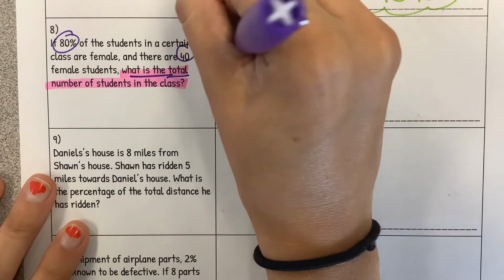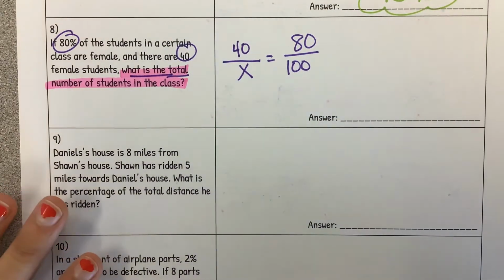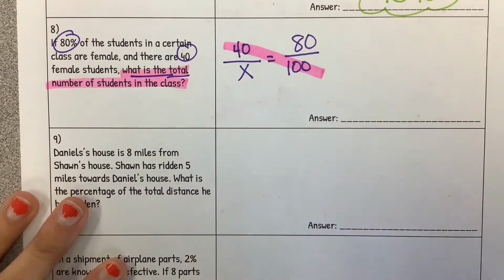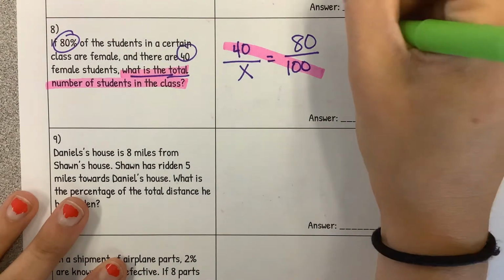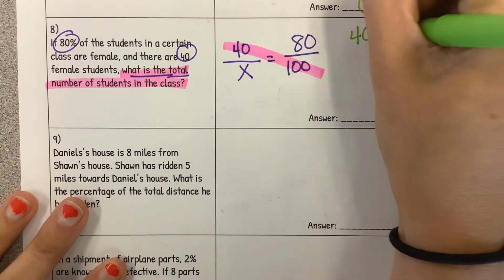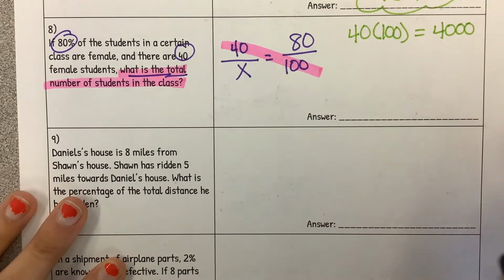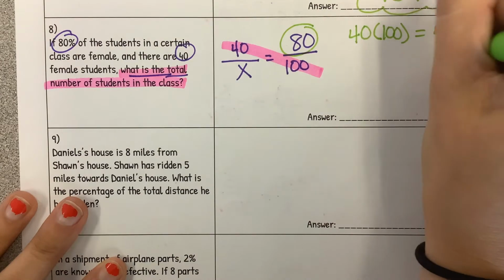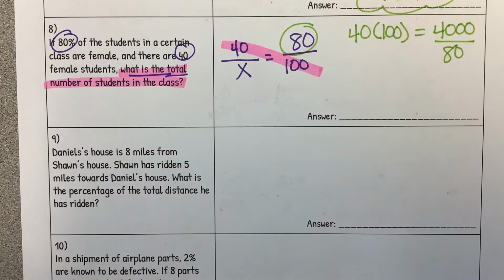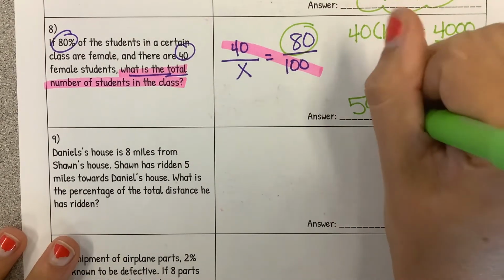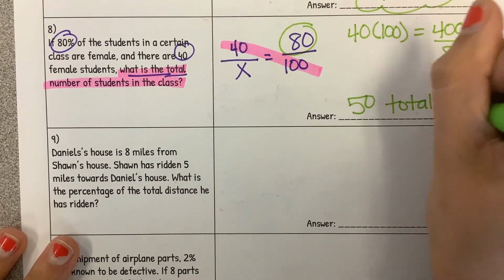We know the female portion, which is the part. So we can multiply. 40 times 100 equals 4,000. Divide by 80, and we get 50. So 50 total students.